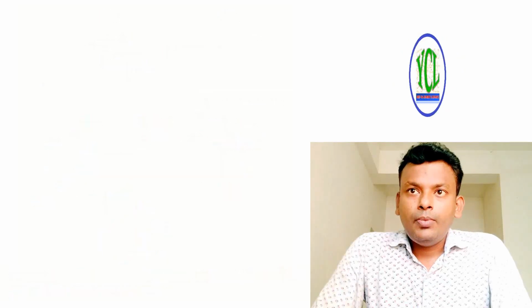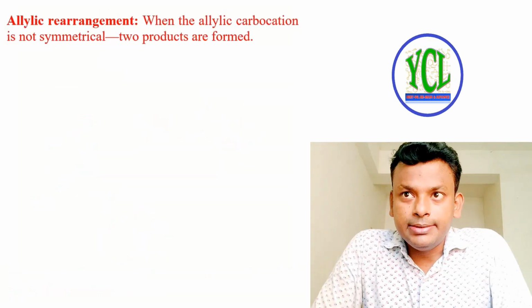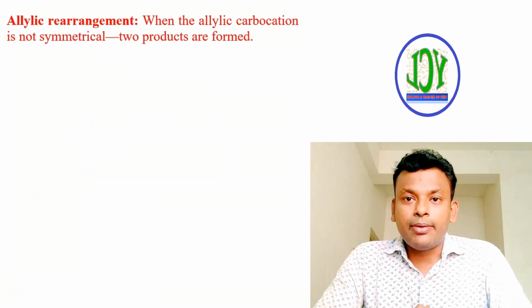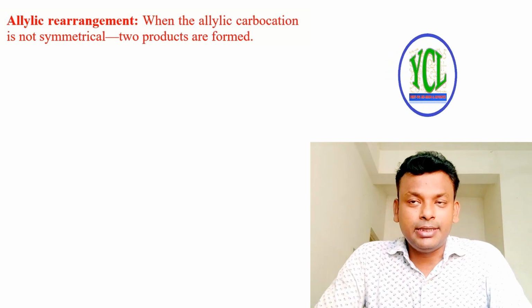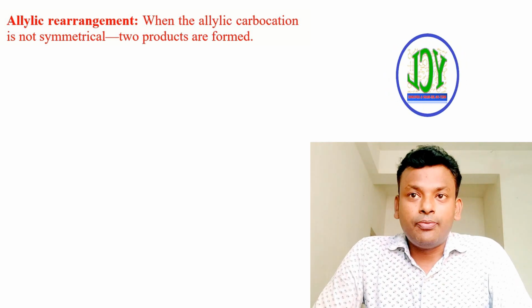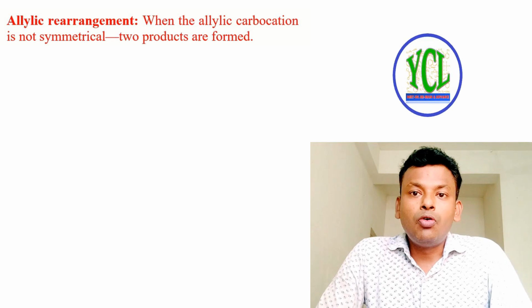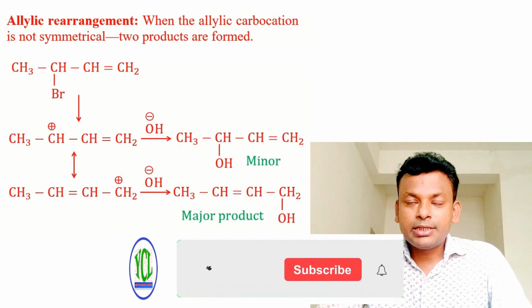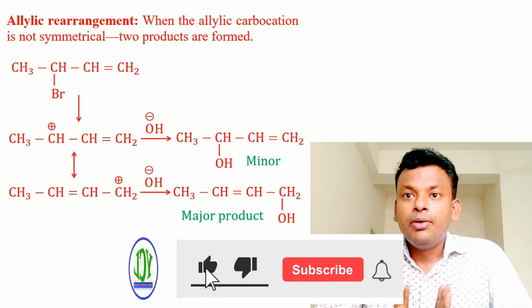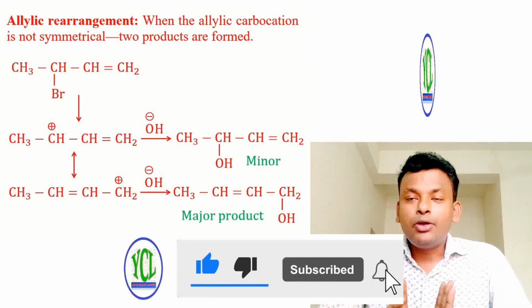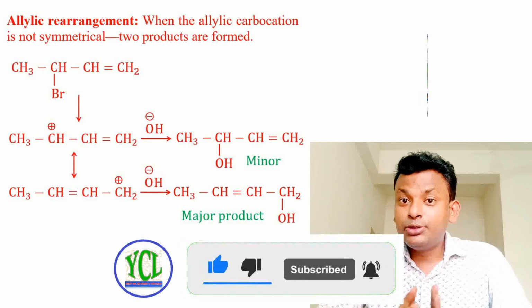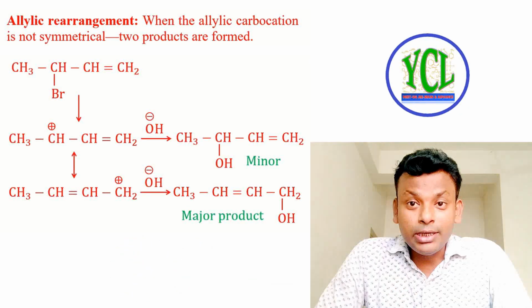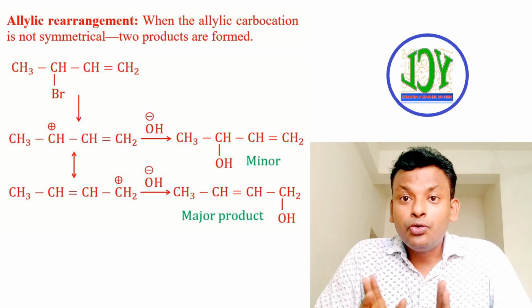So next, allylic rearrangement. When the allylic carbocation is not symmetrical, two products are formed. In the first example, in this compound, first Br negative leaves, forming a carbocation, and the carbocation is stabilized through resonating structures, and the 2 resonating structures form 2 products.